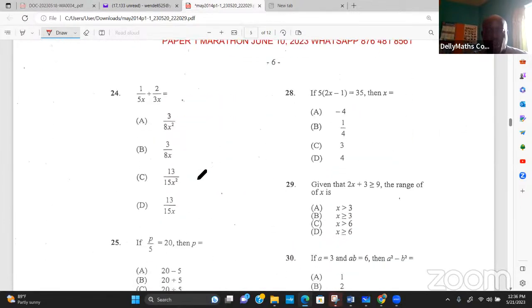All right, let's go to number 24. For 24, we're doing algebra fraction. So what's my LCM right there? My LCM right there is gonna be 15x. I want something that 5x could go into and 3x could go into. So it's just 15x. So let's set this up.